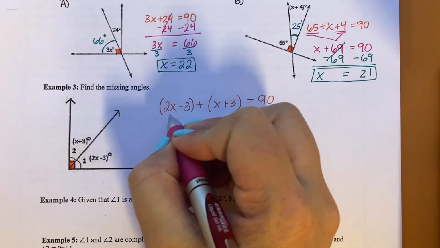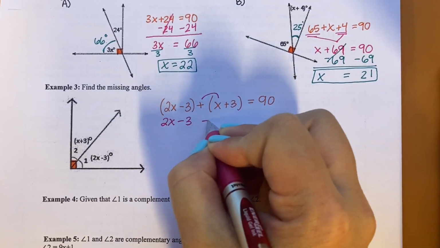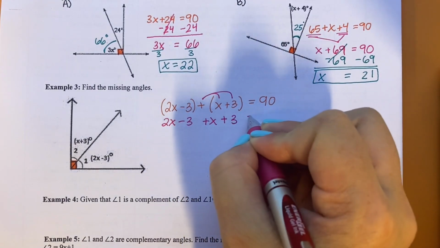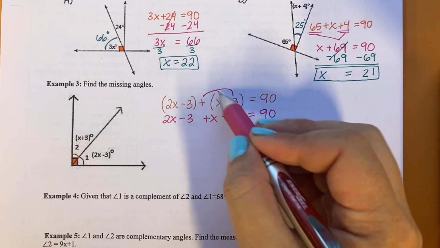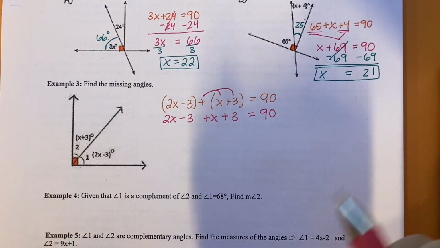That means I have 2x minus 3 plus an x plus a 3 equals 90. I distribute the positive in. Positives don't change our signs.